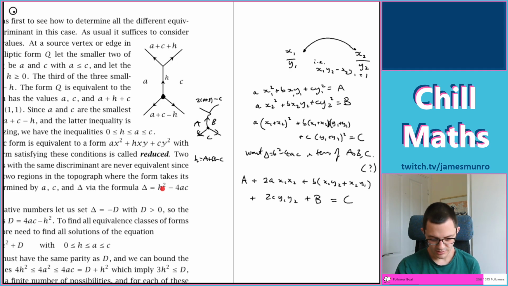I don't really believe in this h thing. So if I want to get rid of h, then h is supposed to be something like, if this is b, in terms of my values, they're in lowercase over here, which I don't love, but they would be a plus c minus b.